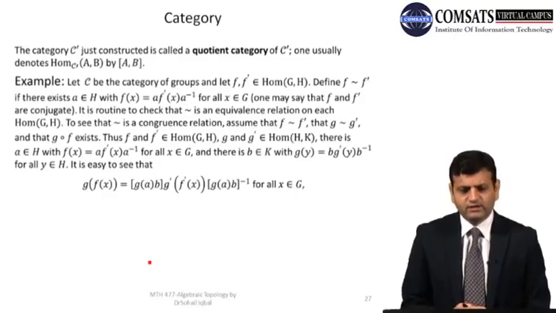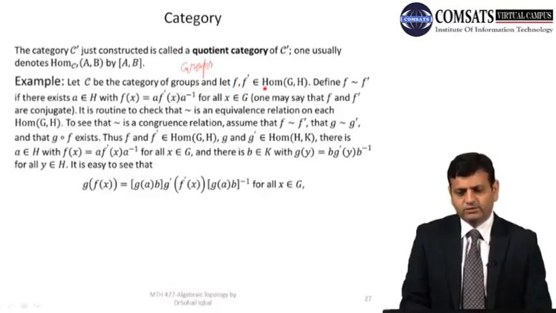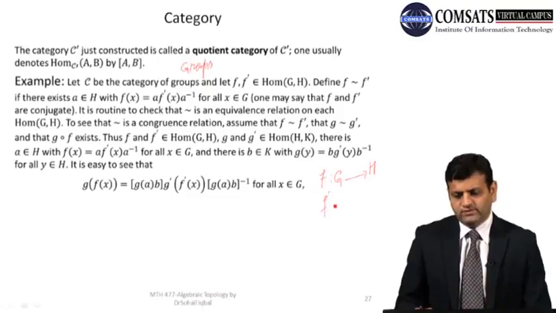Let C be the category of groups that we denote by Groups, and let f, f prime belong to the homomorphisms from G to H. Define f is related to f prime if there exists a in H with f of x equal to a f prime of x a inverse for all x belonging to G. So basically f is a function, or in this case, because the objects are groups, a homomorphism from G to H. Similarly, there is another function f prime from G to H, because they both belong to Hom from G to H.